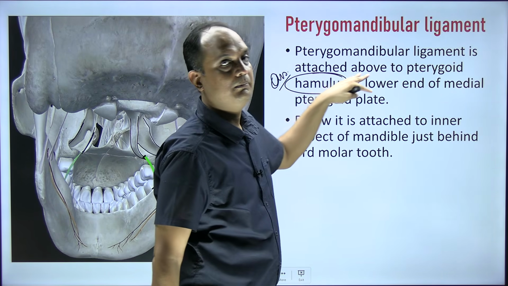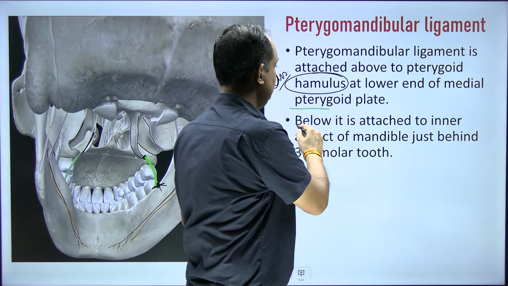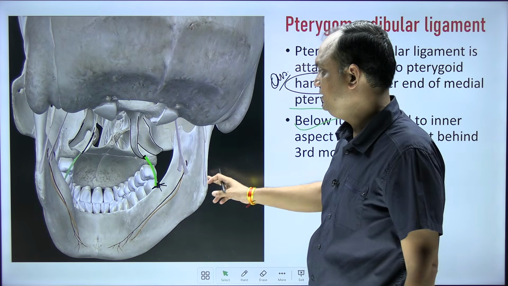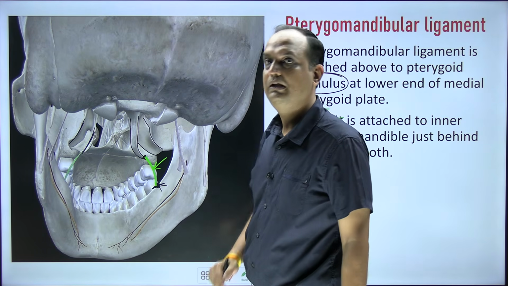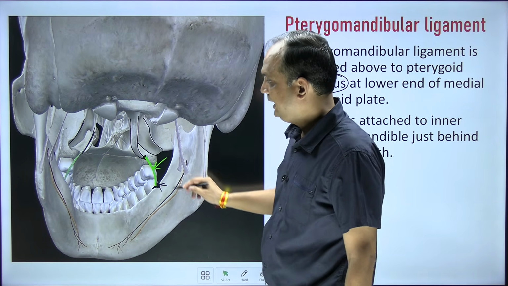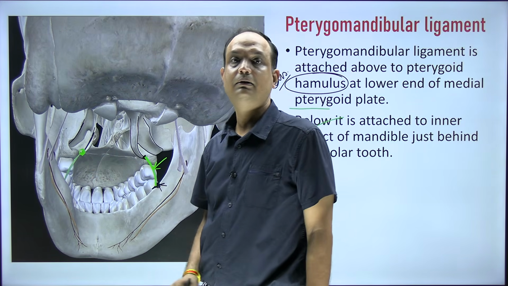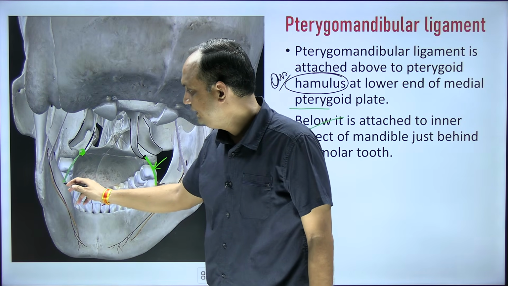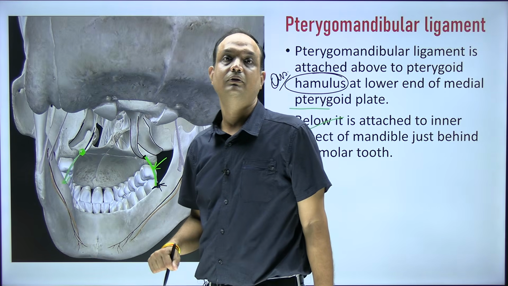It is attached above to the pterygoid hamulus, and its lower end is on the mandible behind the third molar. So in this image you can appreciate the pterygomandibular raphe or pterygomandibular ligament: in the upper part it is attached to the lower end of the medial pterygoid plate, the hamulus, while the lower end is attached to the mandible behind the third molar.